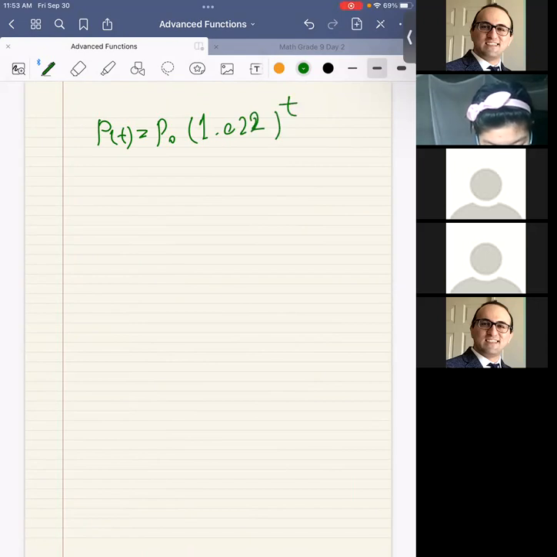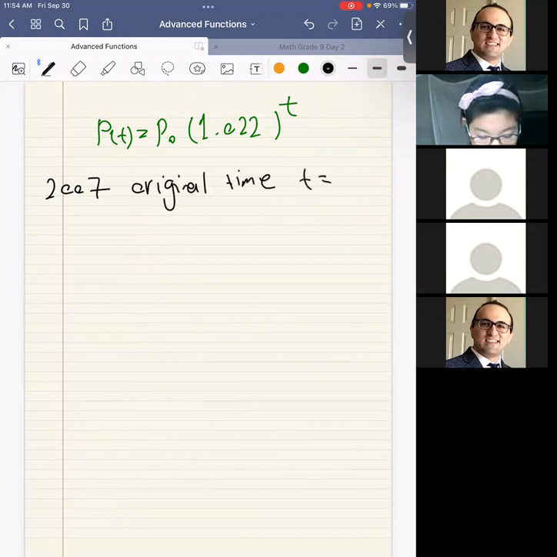Now you can use this formula to predict the population in the future. Because the time of the origin was 2007, and we measure t in years, 2007 is the original time, so t equals 0.